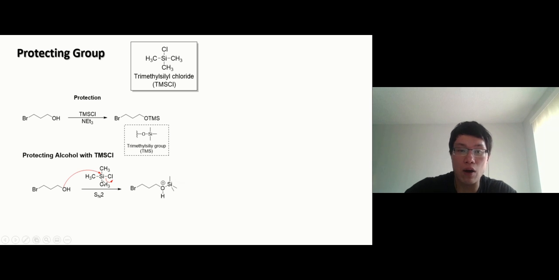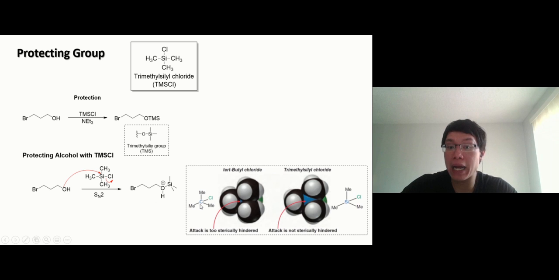Nucleophilic attack on that silicon. Some of you may ask, hold on, how is the SN2 happening right here? This is a tertiary silicon, not like carbon. Well, if it were carbon, of course, this SN2 is not going to happen. But silicon is much bigger than carbon. If you look at the periodic table, silicon is right below carbon.